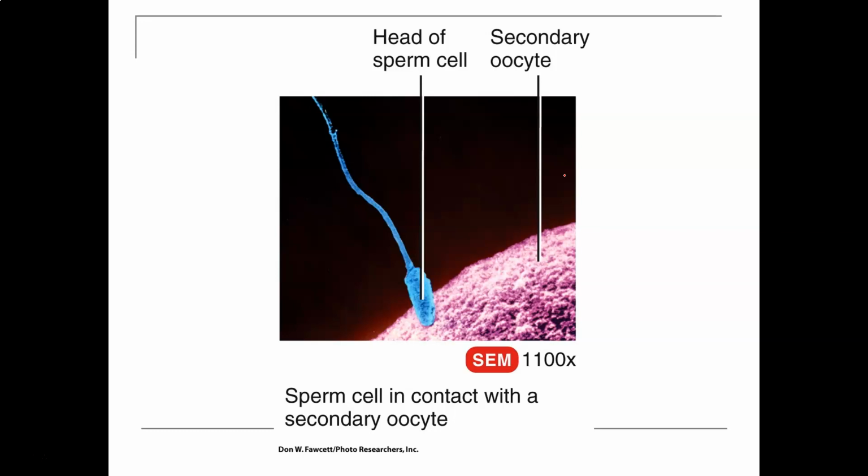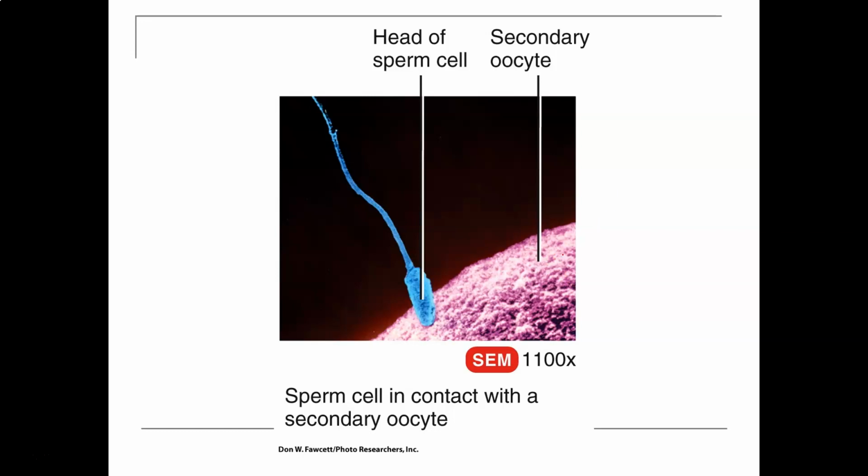So let's say the egg is ovulated on May 1st, and we won't get too picky with the times here. Just on May 1st, if it's ovulated, could fertilization occur if there's intercourse on May 1st? Yes, that's a pretty obvious one. May 2nd, yes, at least part of it, because the egg is viable for 24 hours. So it could be the next day.